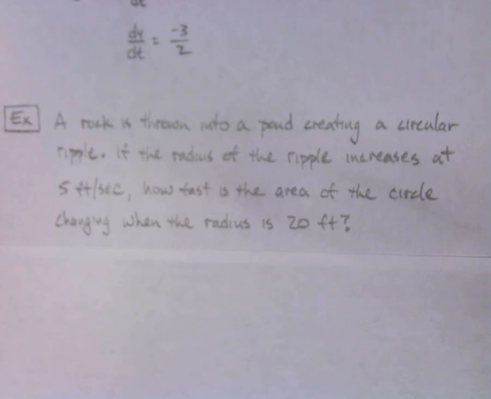But here it is. A rock is thrown into a pond, creating a circular ripple. So you can probably picture that. You throw a rock into water, it makes a circle that gets bigger and bigger. If the radius of the ripple increases at 5 feet per second, how fast is the area of the circle changing when the radius is 20 feet?